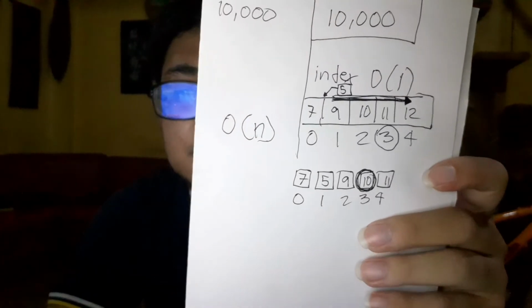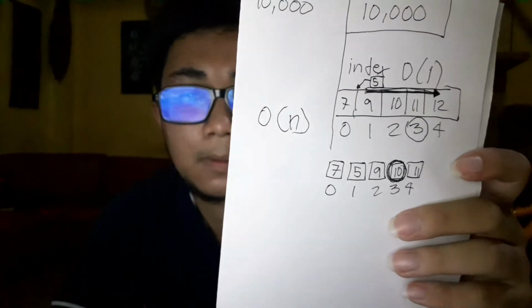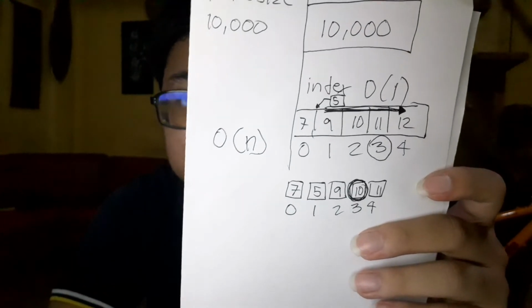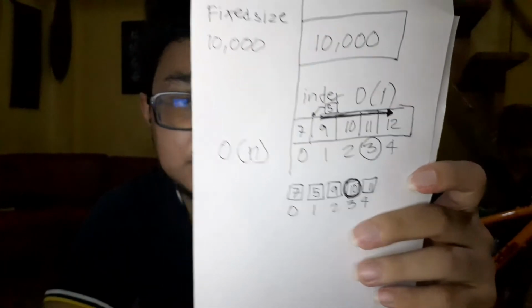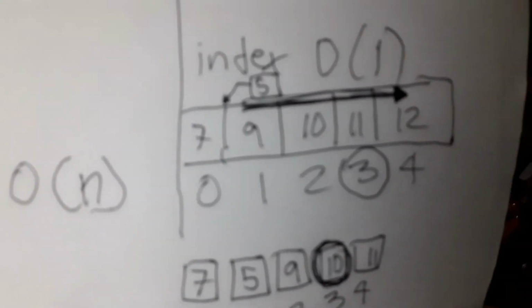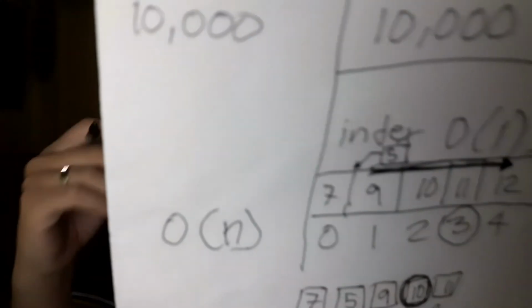So we can rewrite this entire array, but we need to move 11 forward to be index 3 and replace the value of item 10. So now we have an array that ends up looking like this: 7, 5, 9, 11, and an empty square that has no value in it.